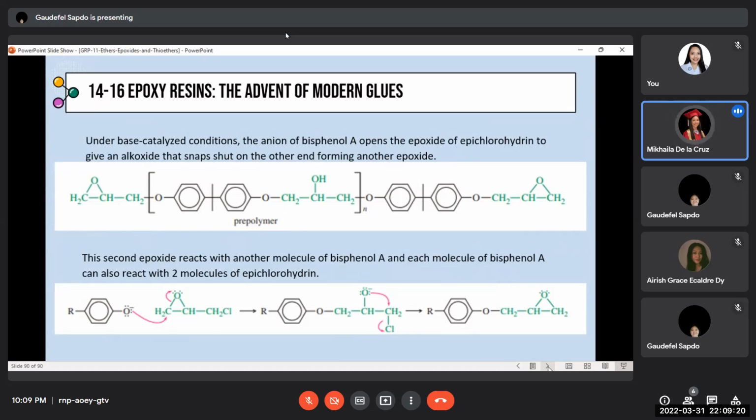In making epoxy resins, excess epichlorohydrin is added to form short chains with epichlorohydrins on both ends. More epichlorohydrin gives shorter chains and a runnier polymer, while less epichlorohydrin gives longer chains and a more viscous polymer.